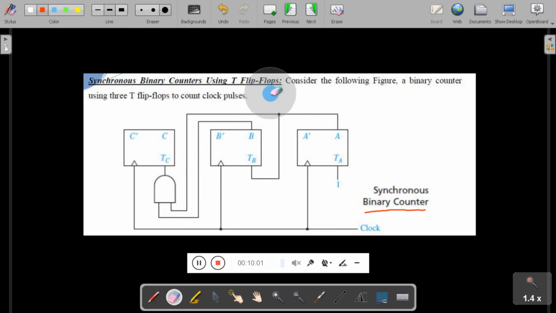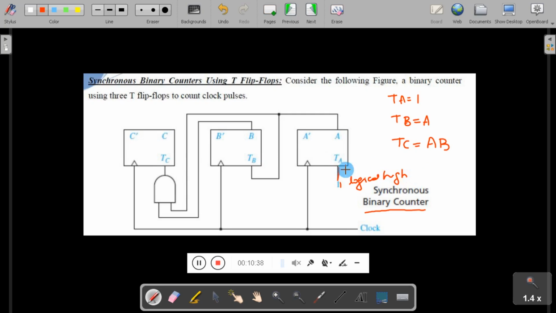So by considering our expression, what we solved by using K-map, we know TA is equal to 1, TB is equal to A, and TC is equal to AB. So first let me write here TA is equal to 1. TA is connected to 1 or logical high. This is nothing but a logical high or VCC or 5 volt.